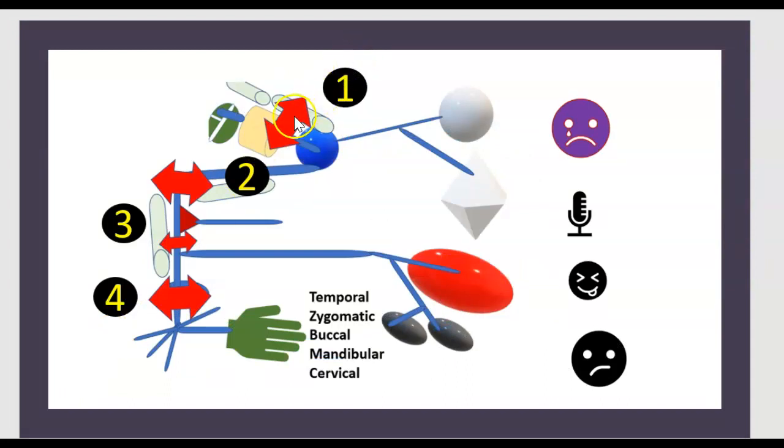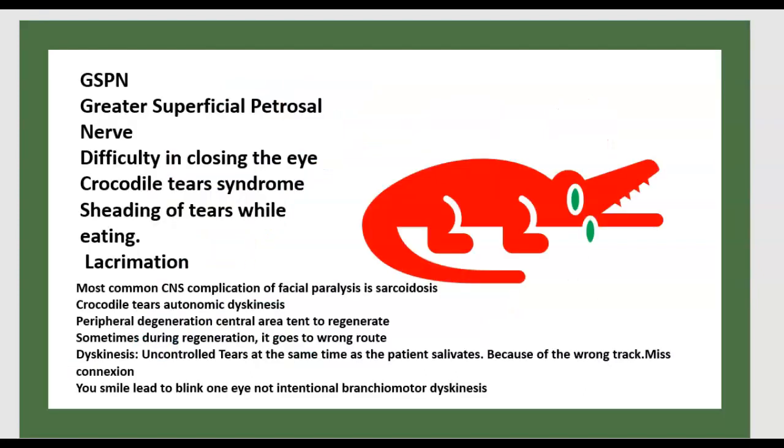The first lesion is before the geniculate ganglion. GSPN, greater superficial petrosal nerve: difficulty in closing the eye. We say crocodile tear syndrome, shedding of tears while eating.